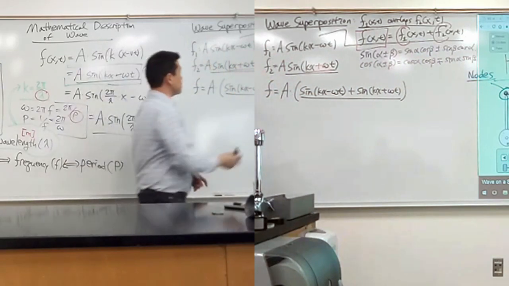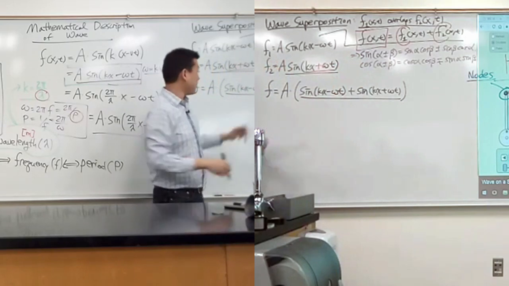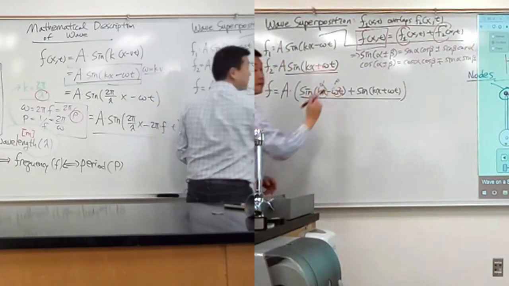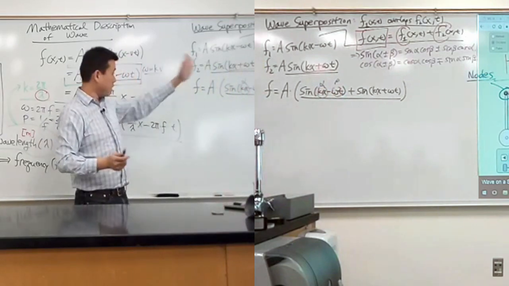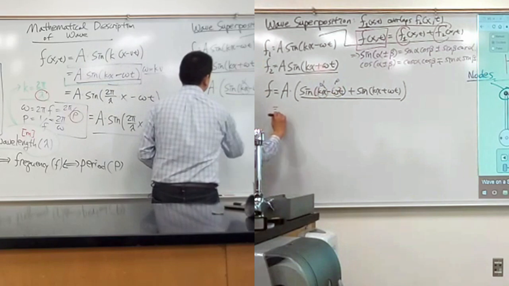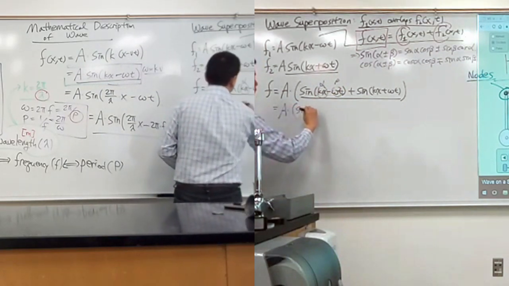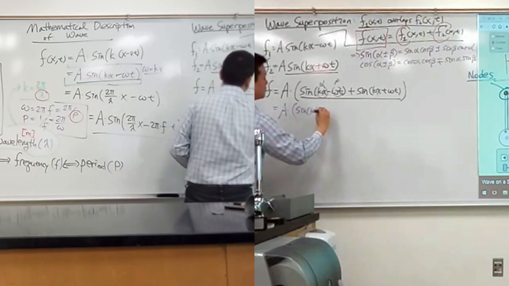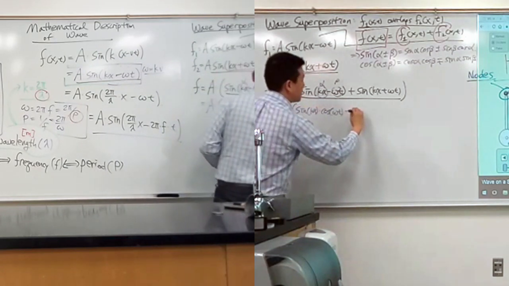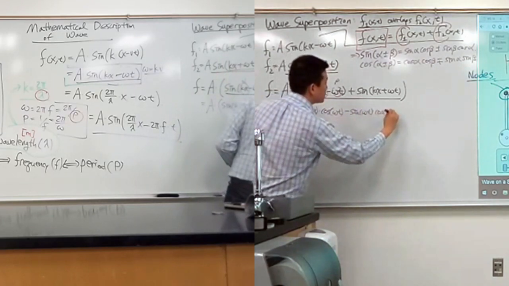Yes? Yeah, so let me use the first trig identity to rewrite this, because I can clearly see that this is my alpha, this is my beta. So I can use that to rewrite it and see what happens. The combined function is equal to a times sine of kx times cosine of omega t minus sine of omega t times cosine of kx.